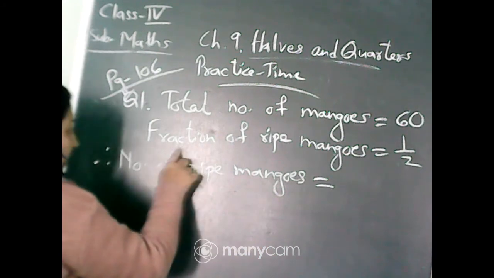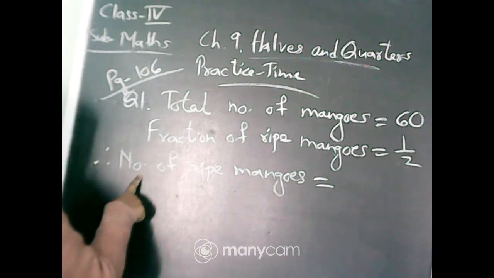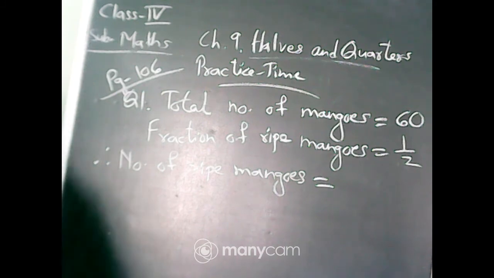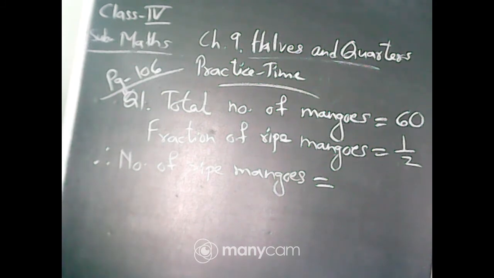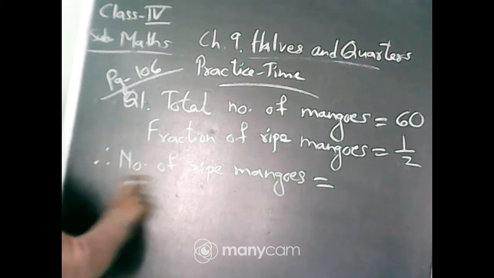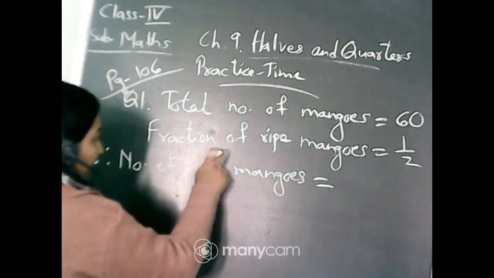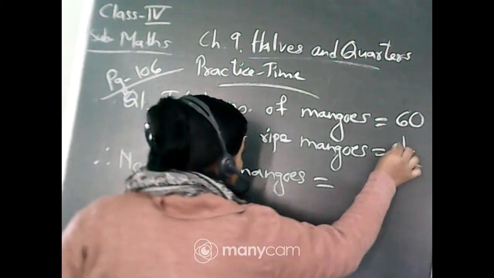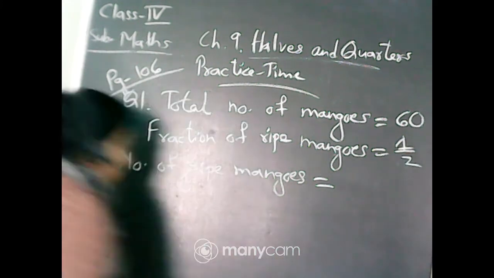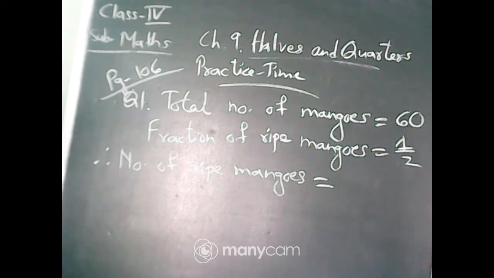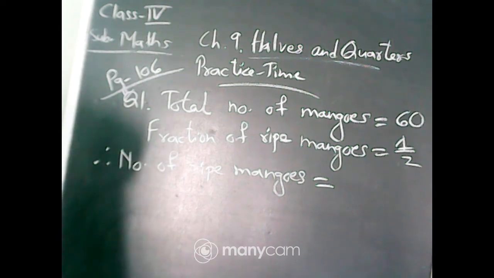So I have written here fraction. And in the next line, I have to find out the whole number, that how many are ripe. That's why I have written here number of mangoes. Whereas before this, I have written fraction of ripe mangoes, because in the question it is given as 1 by 2. Okay.